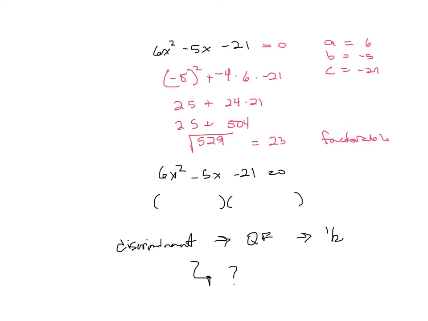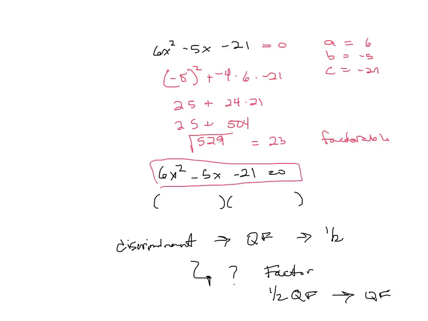Do you go back and start from the beginning to factor, or because you've already done half of the quadratic formula, do you just continue on and use the quadratic formula? It seems a little silly, right, to figure out that this is factorable, but to already have the b squared minus 4ac.